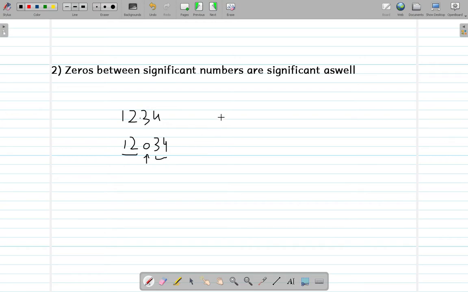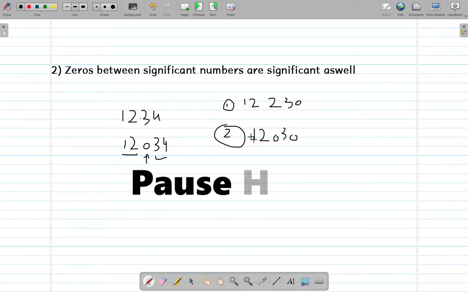So another test for you, and I'm going to let you guess how many significant figures are in 1230, and how many significant figures are in 12,030.